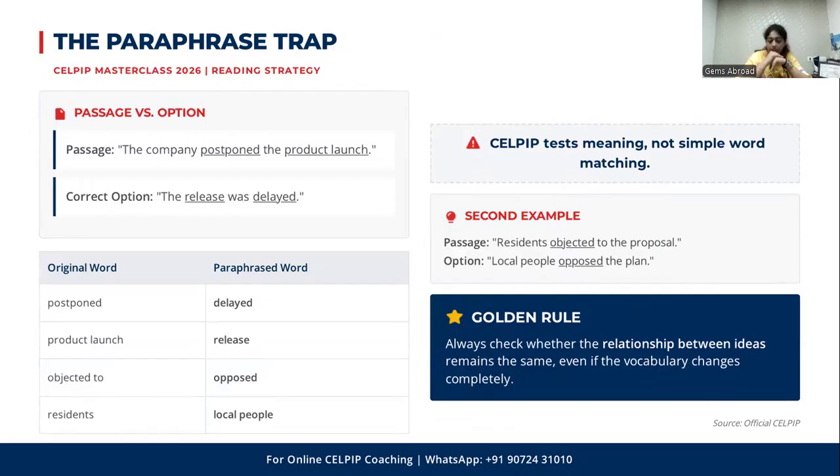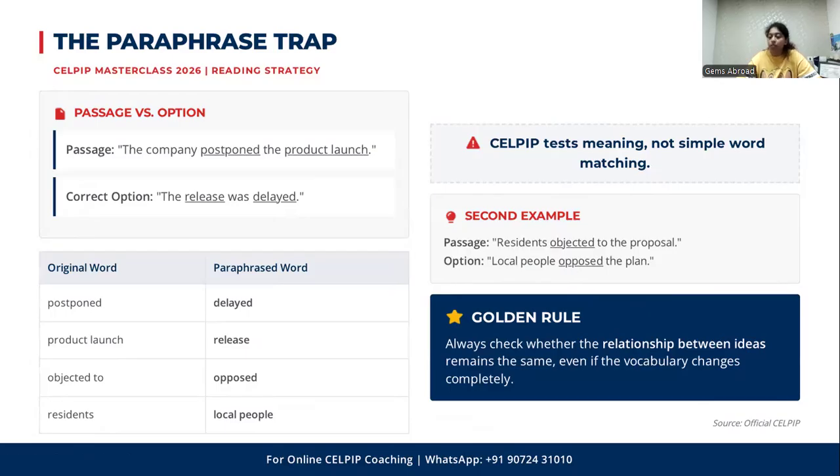The vocabulary is different, but the meaning is the same. Second example: residents objected to the proposal, and the option says, local people opposed the plan. Again, the words are different, but the relationship between the ideas remains the same.